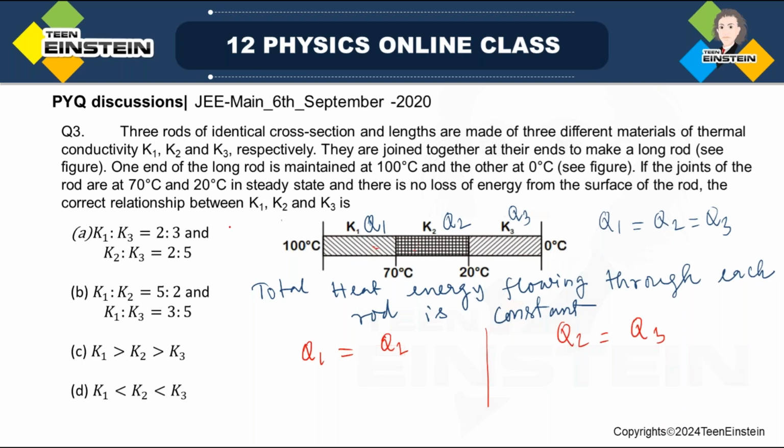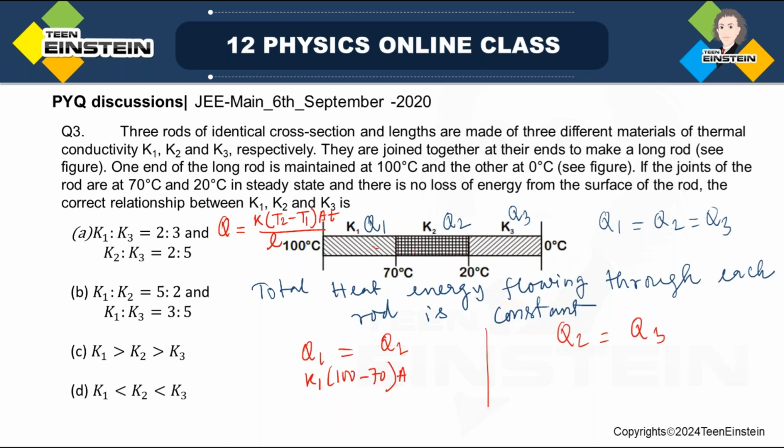Then the expression for Q is K into (T2 minus T1), where T2 is greater than T1, into A into T divided by the length. Now here I can write K1, the temperature difference, 100 minus 70.